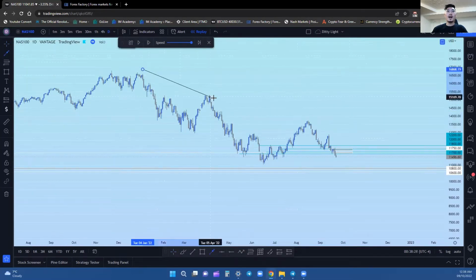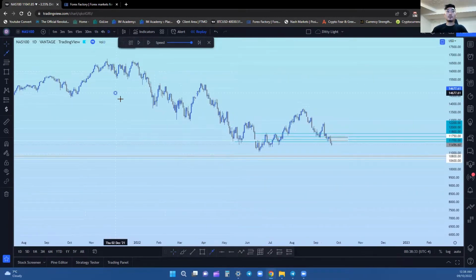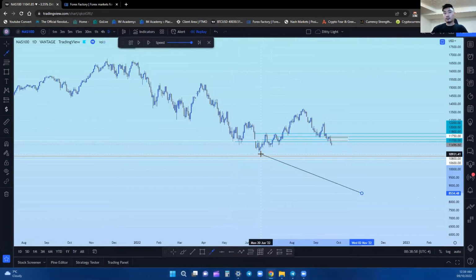Boom, lower highs here, and also lower low, right? So we're bearish, but of course, it's always a good idea to go with the trend, but knowing that we are bearish, of course, I can take buys, right? So if you took a buy here, here, here, let's say, you can still catch some pips, right?